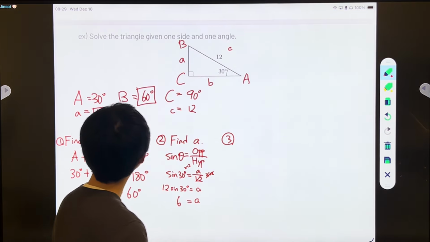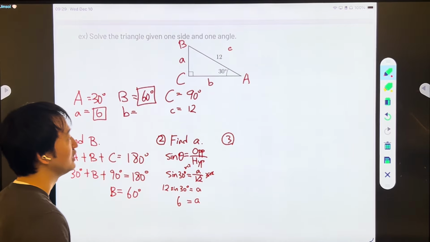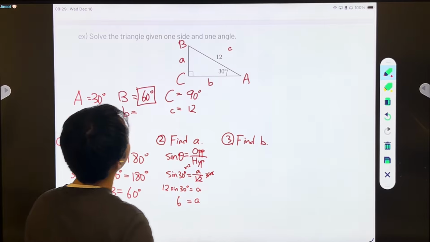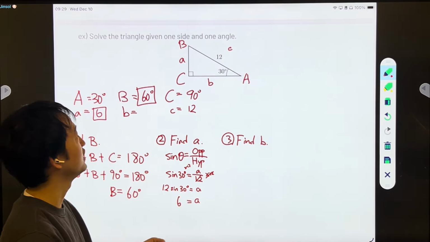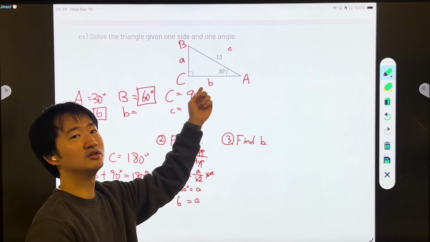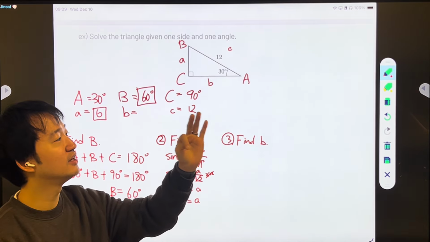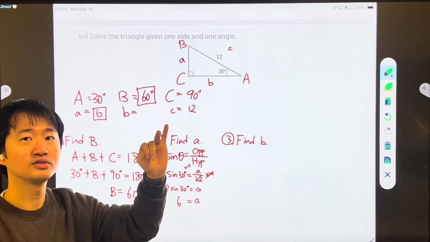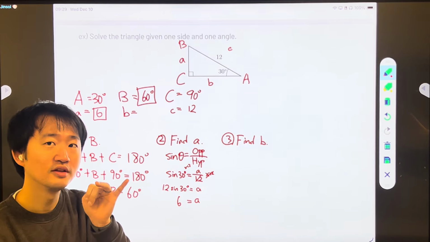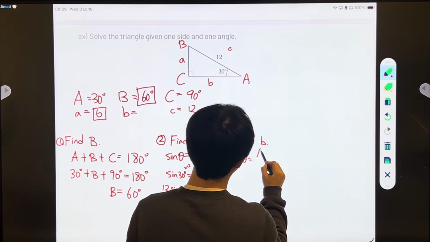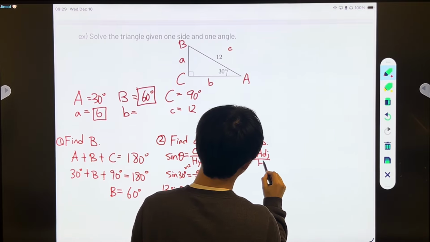The last number that I need to find is the lowercase b. Once again, I'm going to use the angle A and the hypotenuse c. And now I want to find the adjacent. So which ratio includes the angle, adjacent, and the hypotenuse? SOHCAHTOA, the cosine. So cosine theta is equal to adjacent over hypotenuse.